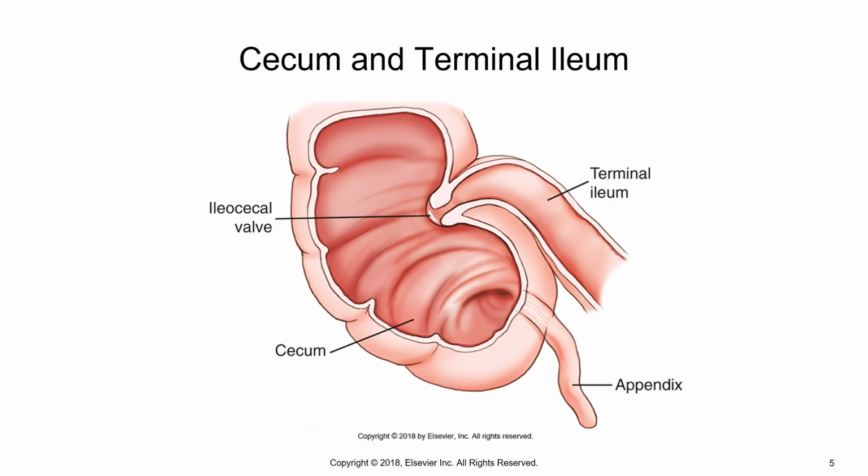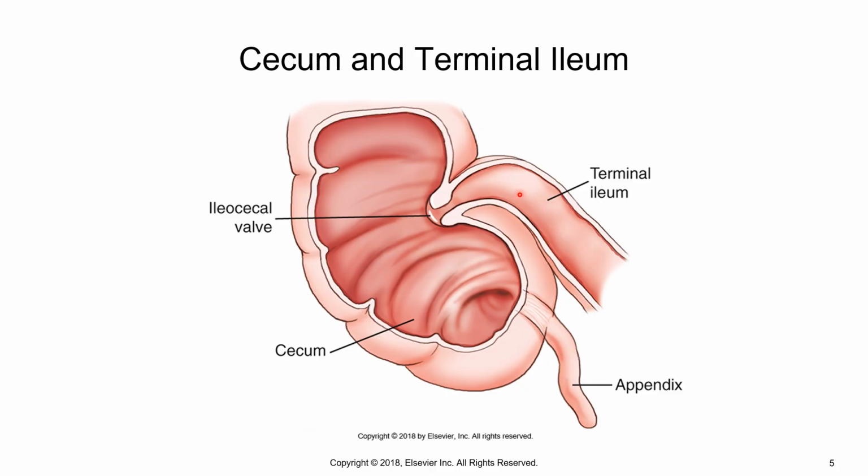When we look at the cecum and the terminal ileum, this is on page 502, figure 13.9. This is the terminal portion of the small intestine, the ileum. Notice the spelling.